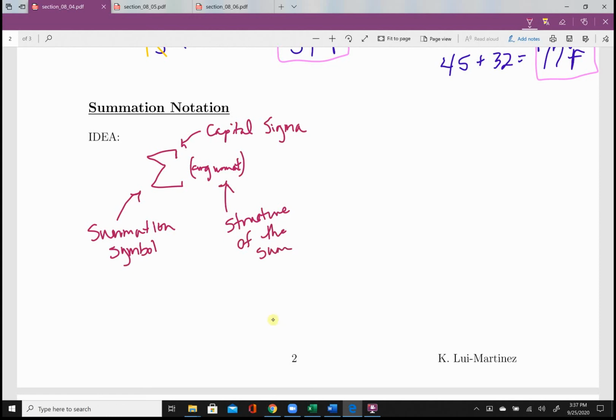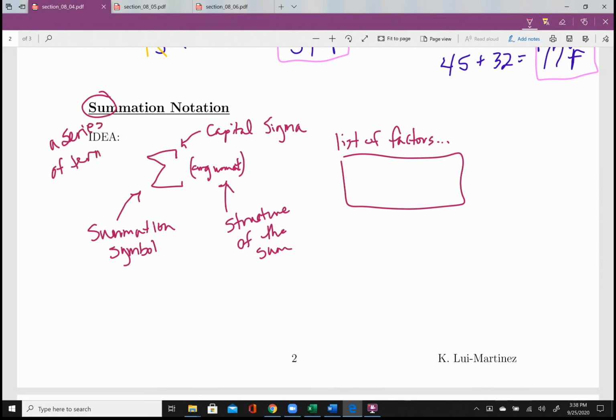The way that the summation problems are presented in this section, you're going to have a list of factors off to the side, and they're going to have subscripts, and they're going to tell you which numbers to plug in for which factors among your terms that are being summed together. And it's all in the name. Summation means that there's going to be a series of terms added together.